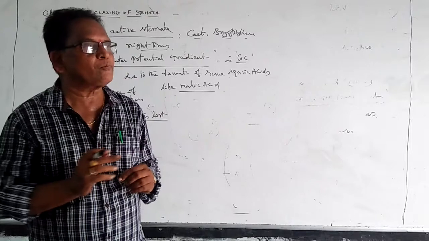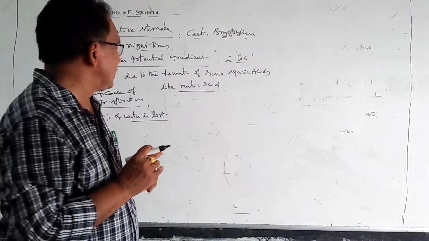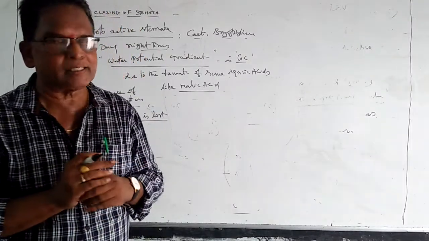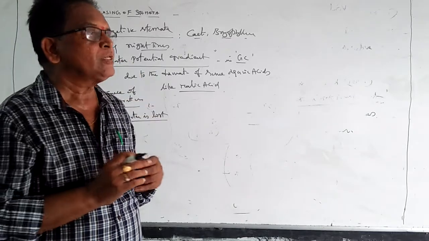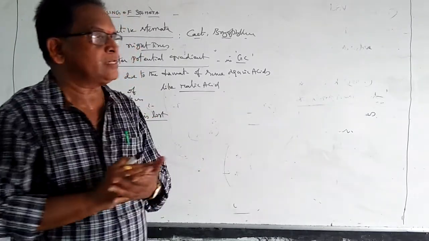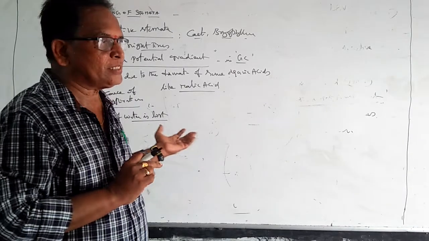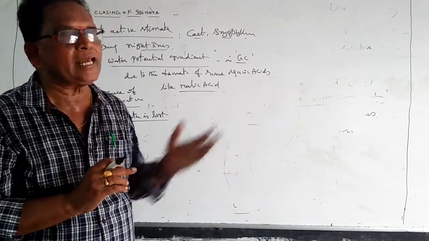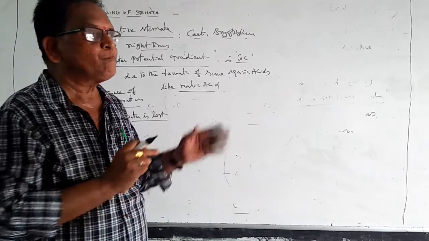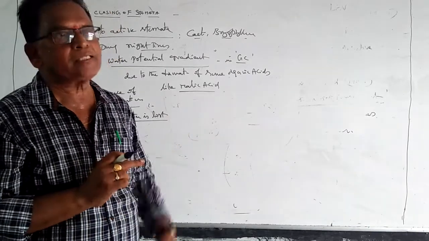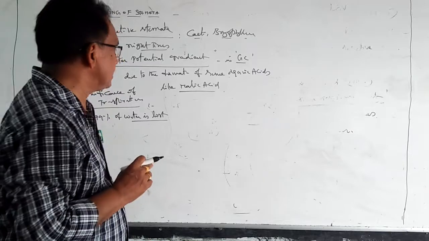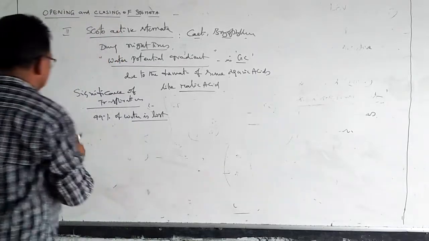Only 1% of water is utilized by the plant for its metabolic activities. So then we can infer that transpiration is not at all useful for the plants. It has an evil effect. But there are so many benefits also by this transpiration that come under its significance.